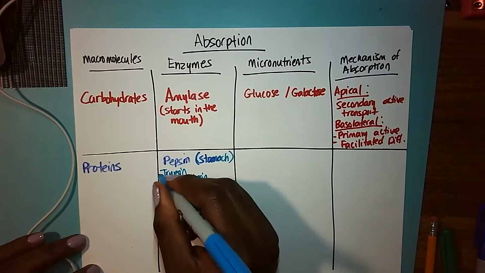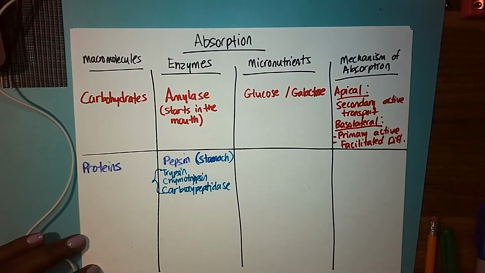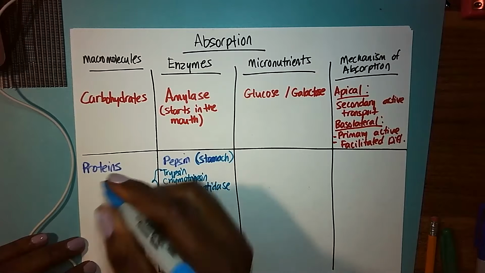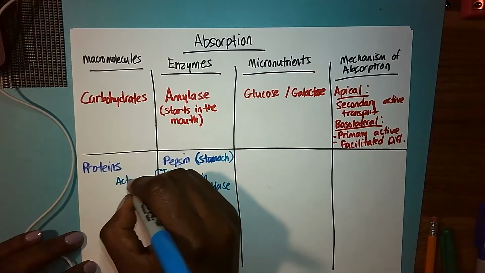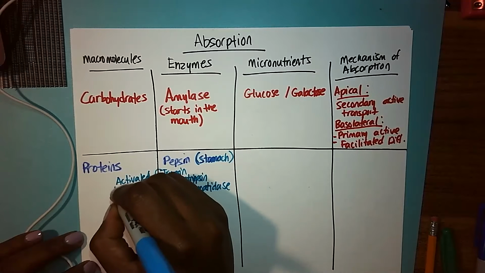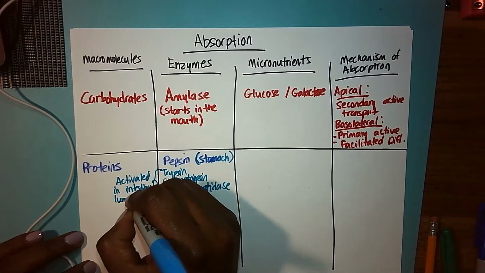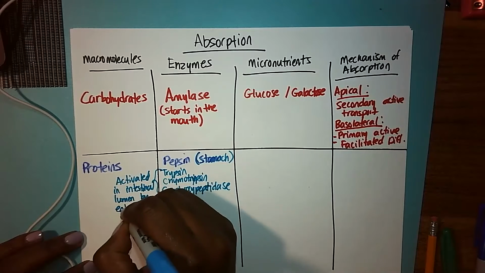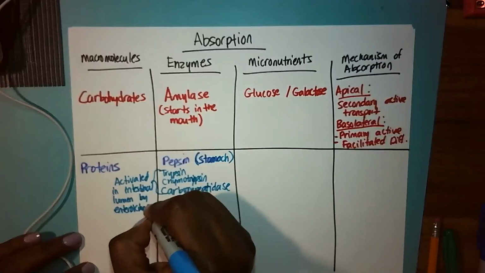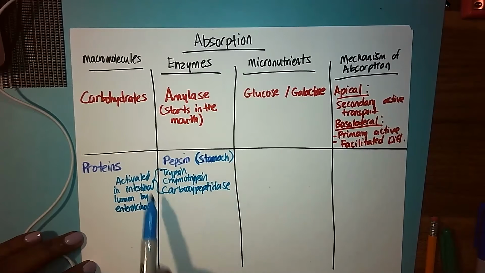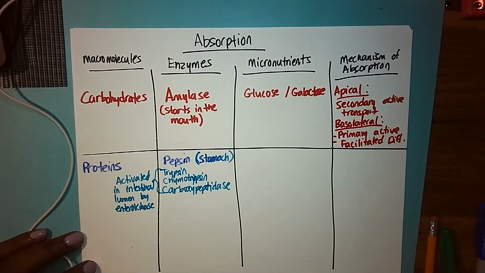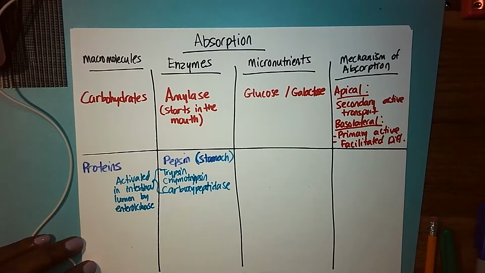Okay, and these were in the intestines. And remember, these had to be activated in the intestinal lumen via the enterokinase. Okay, so these were the activated forms. The inactivated forms that were released were trypsinogen, chymotrypsinogen, and procarboxypeptidase.